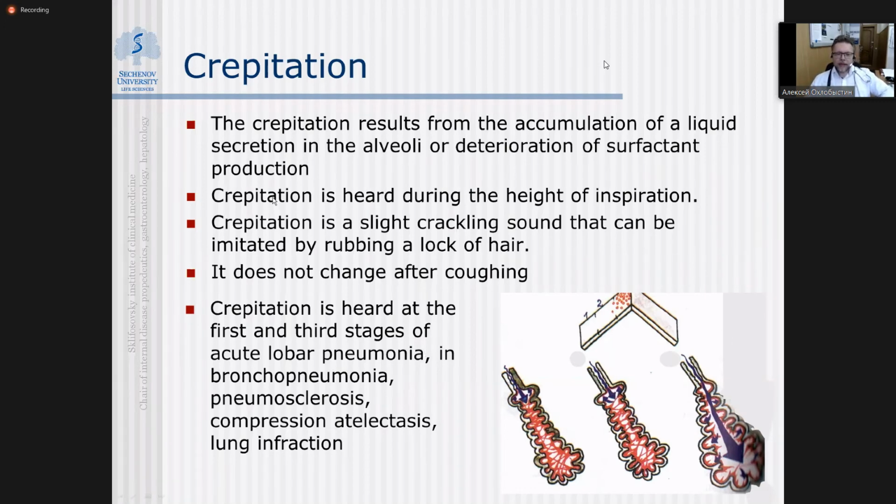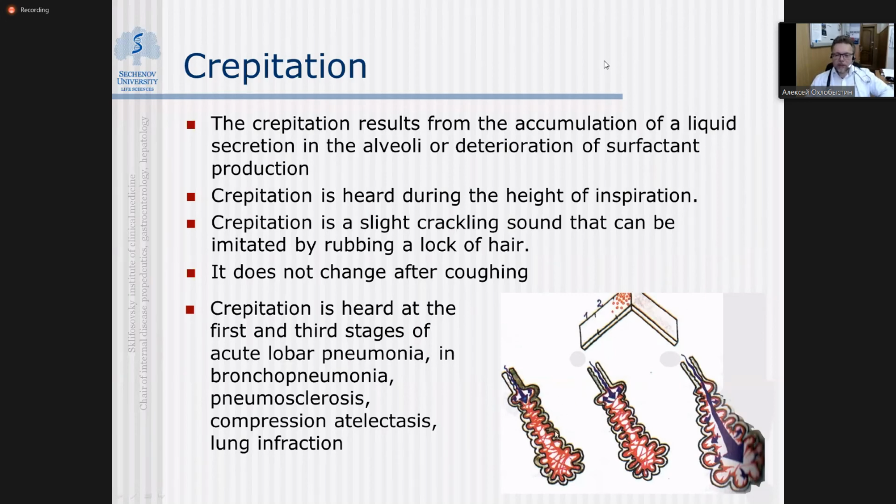The sound may be very similar to rales in its pitch and pattern. It will be heard best at the climax of inspiration, when there is the maximum pressure in the airways and alveoli. At the very end of the inspiratory phase, there will be a crackling sound.